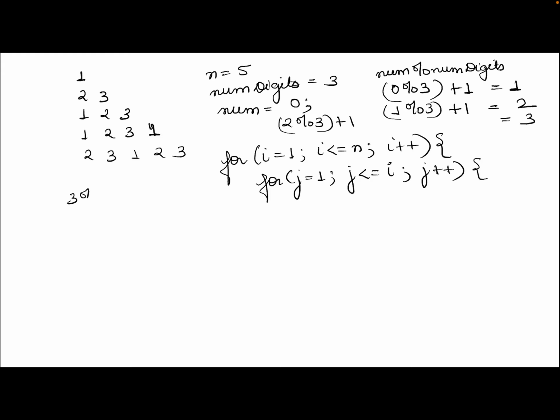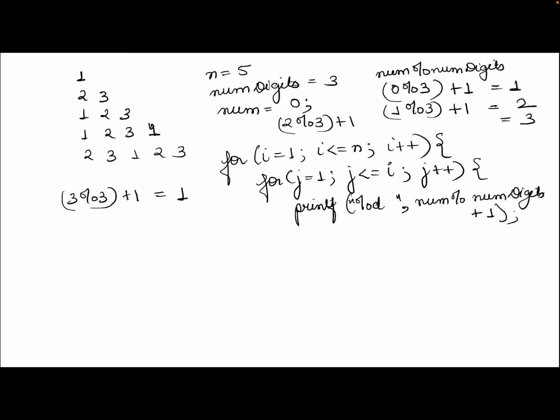Then again 3 mod 3 plus 1, I'll get 1. So this pattern will get repeated. So the only change we want to make is, I will write here printf %d num mod num digits plus 1. And I'll increase the value of num by 1.